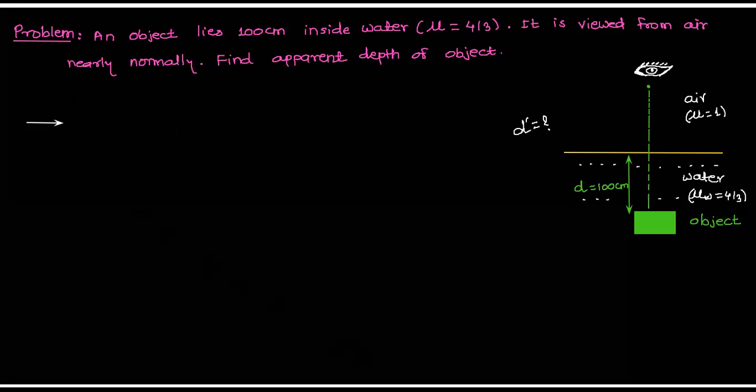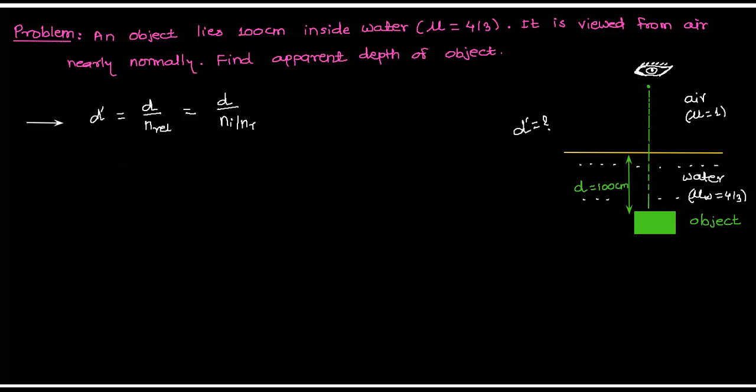So we have learned just before some time the formula, that is d dash is equal to d divided by n relative, and that is equal to d divided by n of incidence divided by n of refraction. Now incidence means what? The ray will go from water to this, so keep it in mind always.